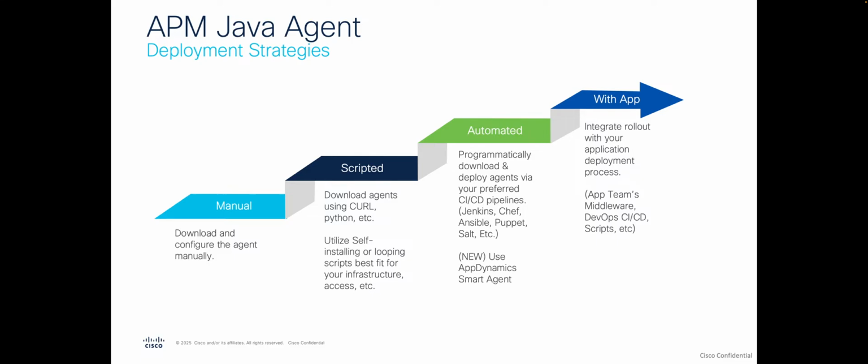Then you can start getting more fancy, start getting into scripted options. You might have something downloading the agents and deploying them to multiple machines from one jump server. Or you might have some sort of automated option where you're using Ansible or Puppet and you're able to just run a job. Or the applications largely have pipelines in place so that they can deploy versions of their applications or changes to their applications.